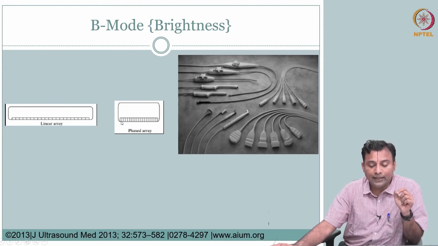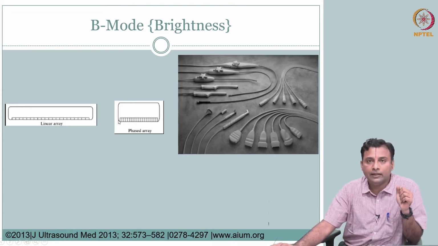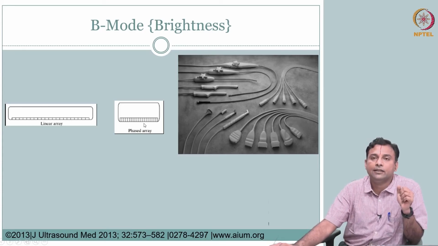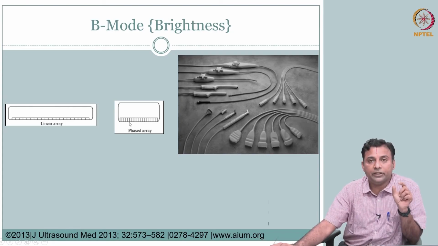Here you notice the size of the element will be different, and the distance between the elements is designed for a certain phase. So, we will talk about that. That is why it is a phased array, even though it looks linear.